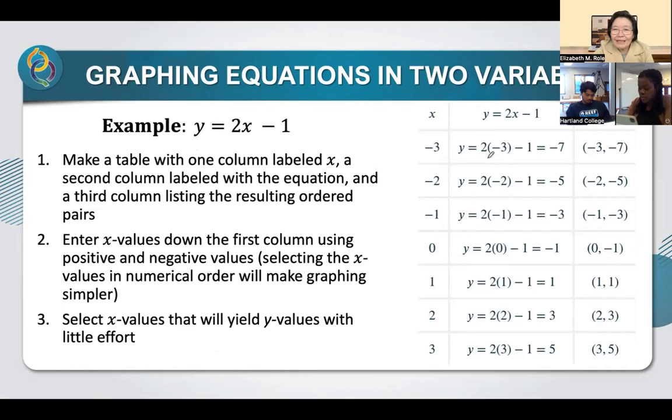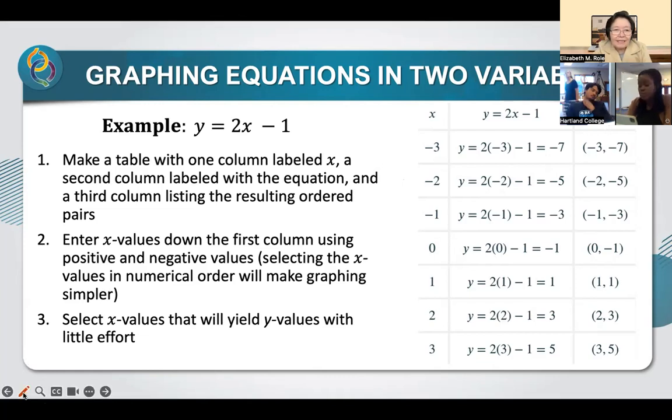In most cases, I would use -3, -2, -1, 0, 1, 2, 3 as the values of x that we would plot on the equation y is equal to 2x minus 1, and then find the coordinates, or the ordered pairs.